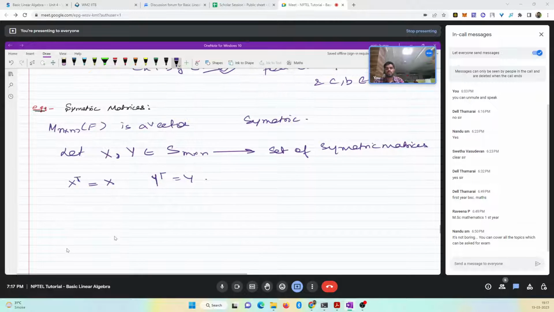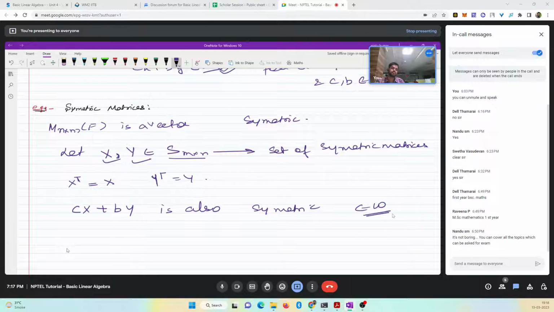Now let's say we have some random x and y belonging to the set of symmetric matrices. What we want to show is that Cx plus By is also symmetric, that is, this belongs to the set W.